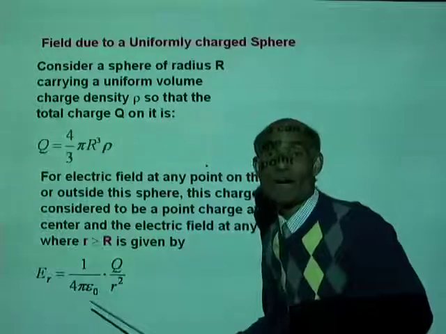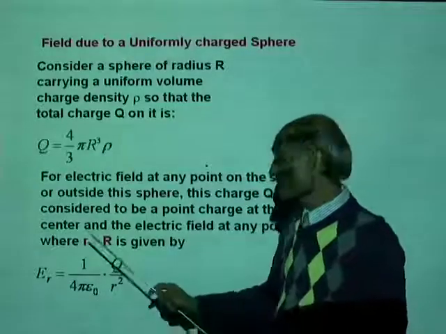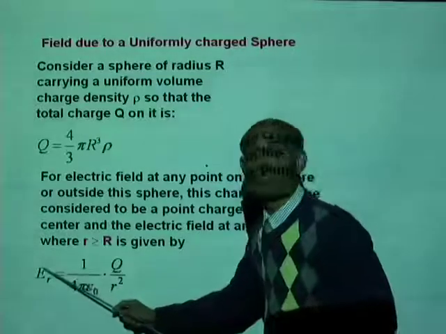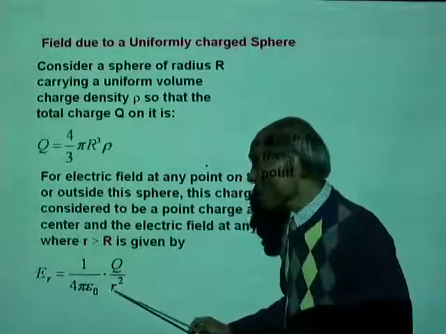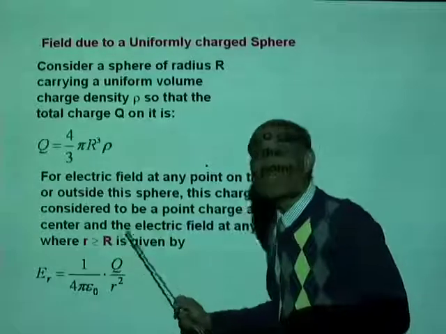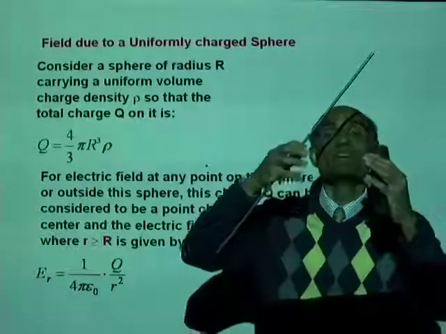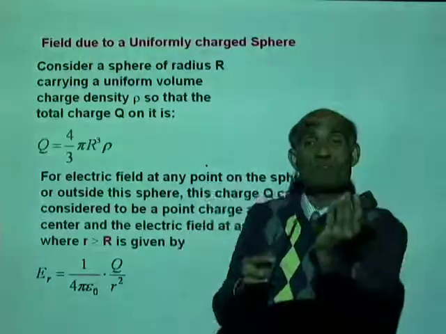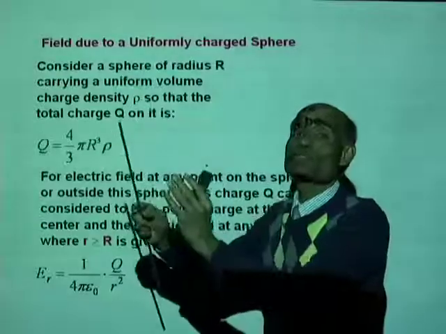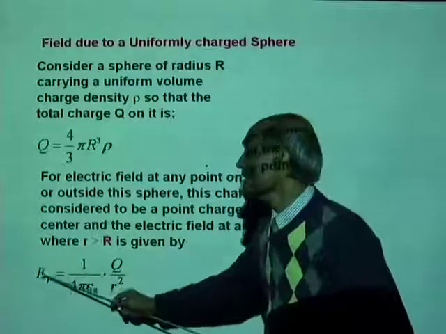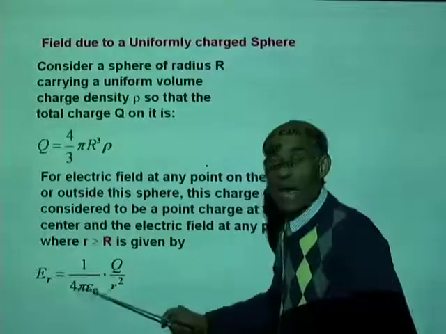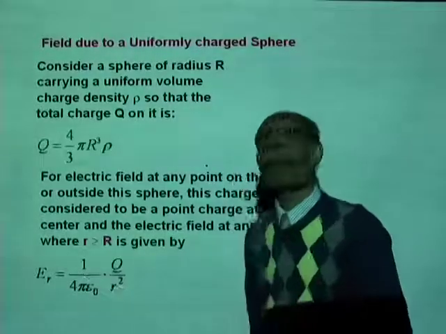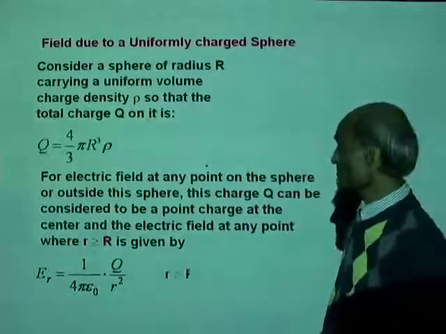KQ over r squared. And if you replace your K by 1 over 4 pi epsilon naught, it becomes the electric field at a distance r where that distance r is greater than the radius. In other words, greater than or equal to, at a point on the surface of the sphere or anywhere outside it, the electric field will be E_r equal to KQ over r squared, where K is 1 over 4 pi epsilon naught.